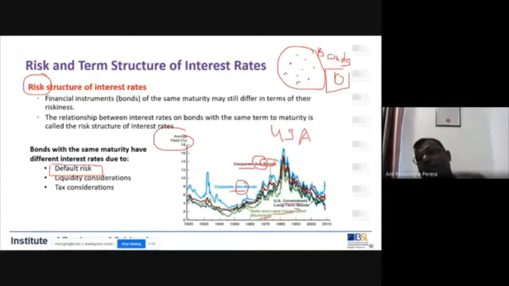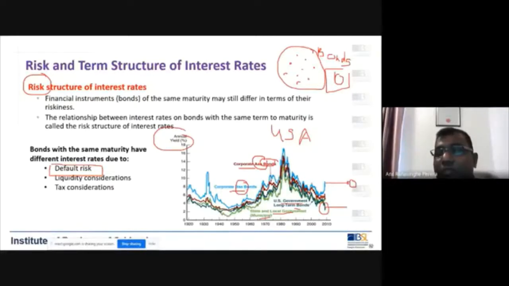Now, if you look at these different bonds, they are having same maturity. Let's say 10-year maturity. If you look at the evolution of their rates, you will see the government bond rates have the lowest interest rate. This is the lowest line. Corporate BAA is the highest line, right?